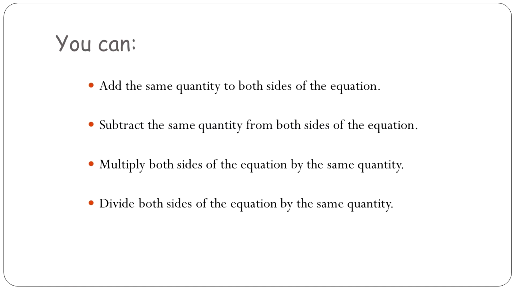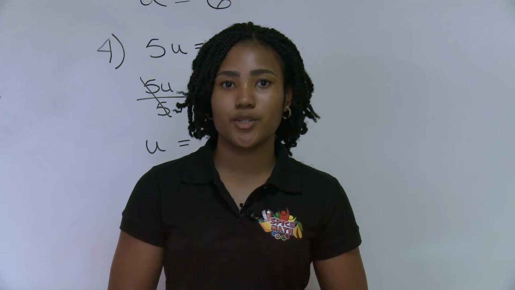You can add the same quantity to both sides of the equation, subtract the same quantity from both sides of the equation, multiply both sides of the equation by the same quantity, and finally, divide both sides of the equation by the same quantity. By now, you should be able to solve linear equations using the 4 operations that we demonstrated in our videos for you.